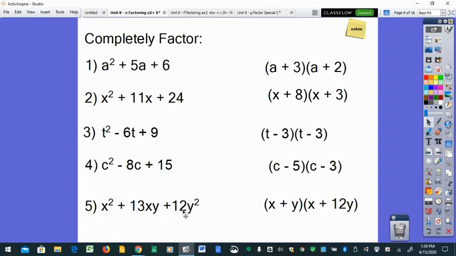Now, to get a 12, it could be 1 and 12, 2 and 6, or 3 and 4. But to get that 13, and notice it's positive, and that's why these are both plus, it has to be the 1 and 12 combination. So now let's FOIL this one. x times x gives you x squared. x times 12y gives you 12xy.